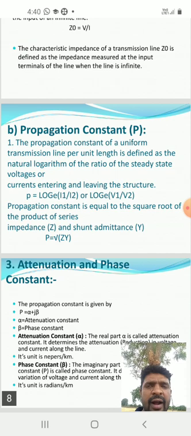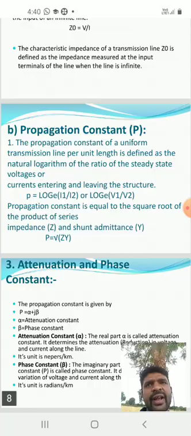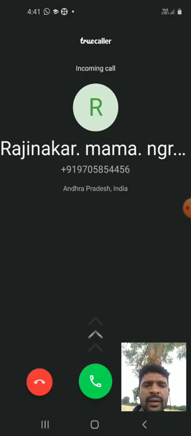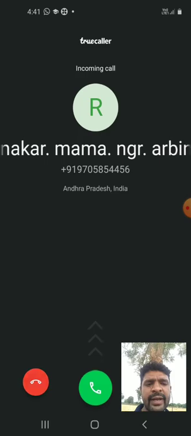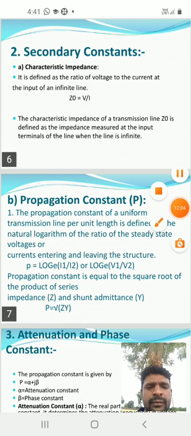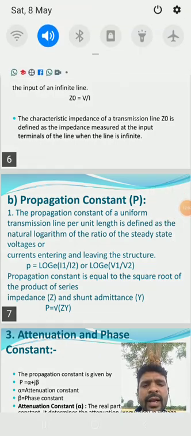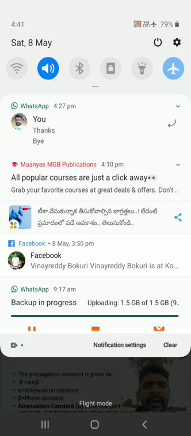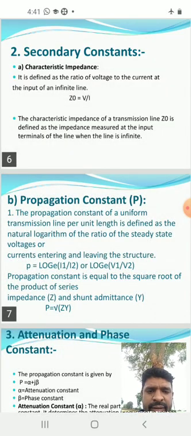The natural logarithm of the ratio of steady state entering current to leaving current, or entering voltage to leaving voltage, is called propagation constant.